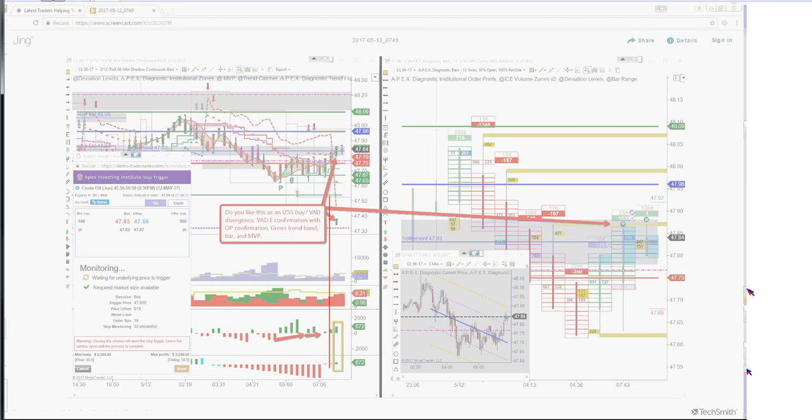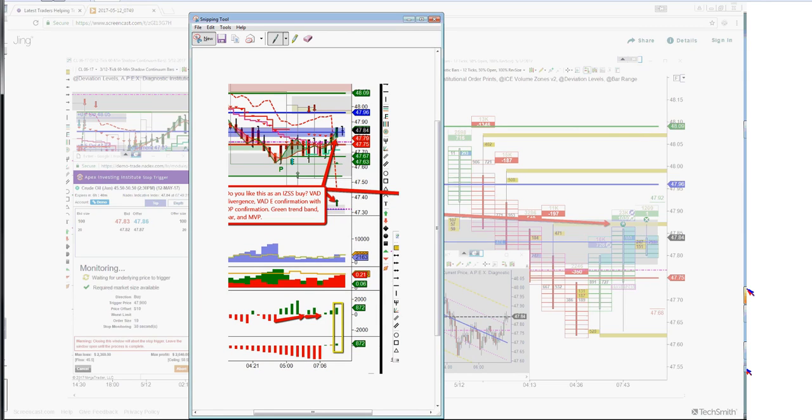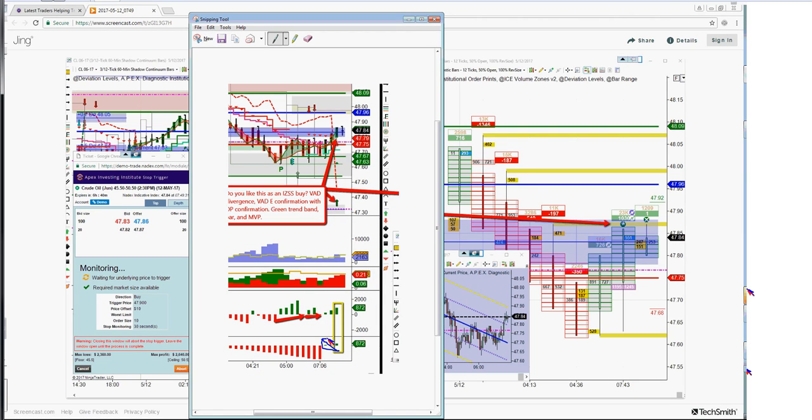The VAT entry is right here, and the market breaks out of that level. Let me do a little better screenshot so I can write on it. When this flips and you have that divergence, that's your VAT entry. So you were waiting on something else to go along here. I'm not quite sure what. I don't know what your trigger was to enter.